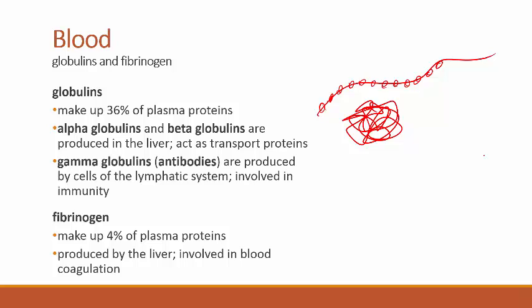So gamma globulins are the same as antibodies. That's just another term for them. And they're produced by the cells of the lymphatic system, specifically the B cells, or actually the offspring of B cells. And gamma globulins are involved in immunity. And so these are the antibodies floating in the bloodstream that we have talked about already. So lots of different kinds of globulins, several different sources.